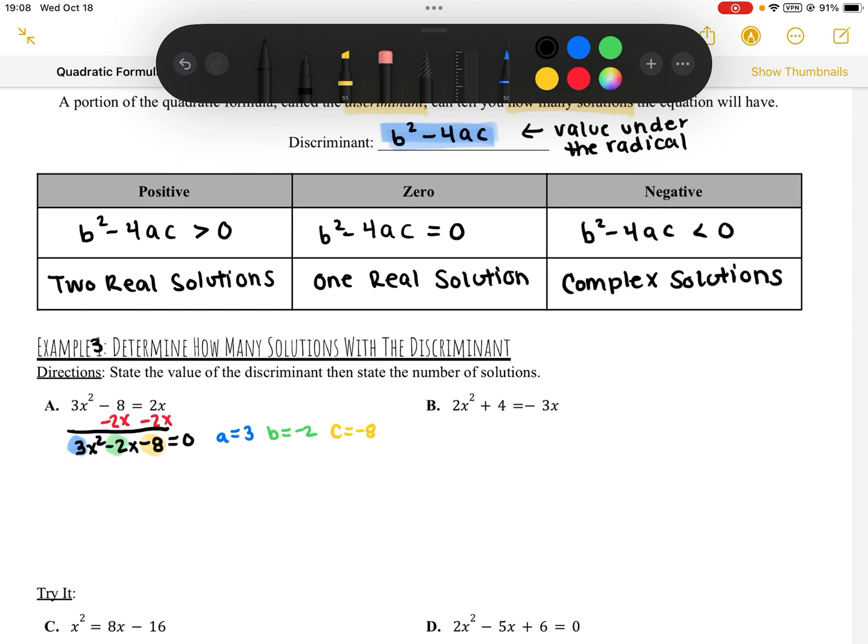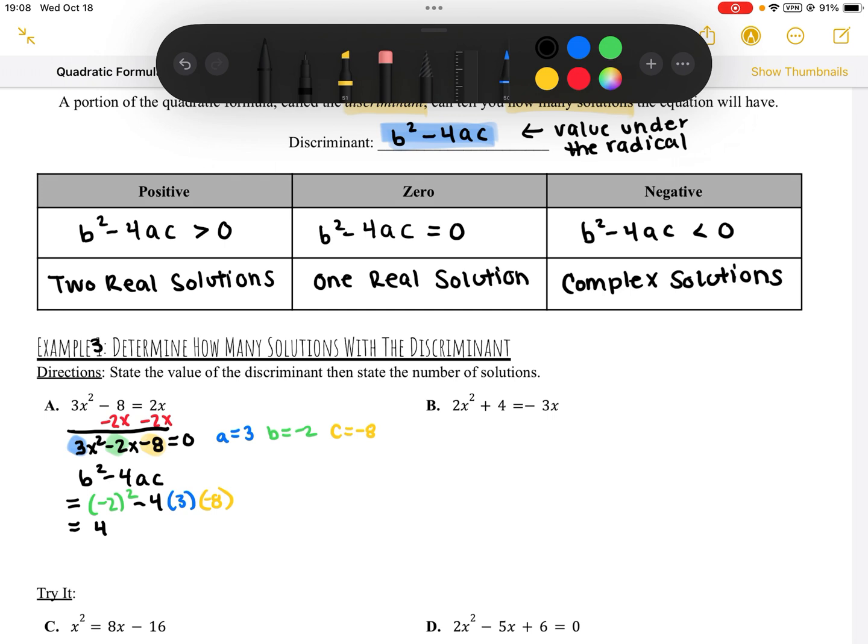Now I'm going to substitute these into b squared minus 4ac. b is negative 2, so I have negative 2 squared minus 4 times a times c. Negative 2 squared is 4.